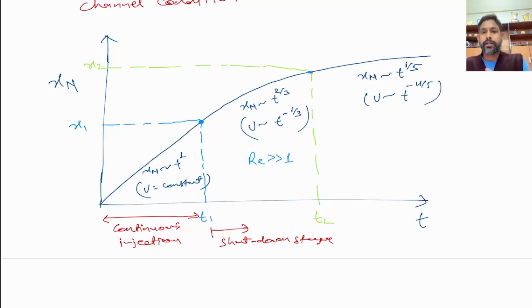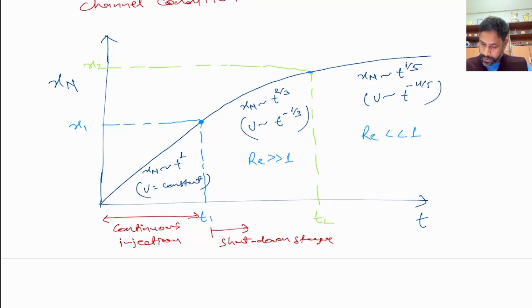Then at late times, when it has slowed down significantly, Reynolds number becomes smaller than 1, and that is when your xn increases with the 1/5 power of time, and velocity decreases with the 4/5 power of time. Okay, so this is the complete behavior of the gravity current.